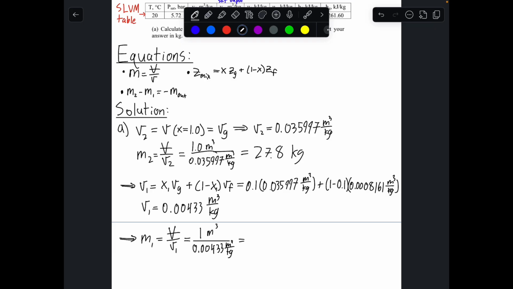And this should give us a value of 231 kilograms. So quick sanity check, our mass at state 1 should be bigger than our mass at state 2, right?